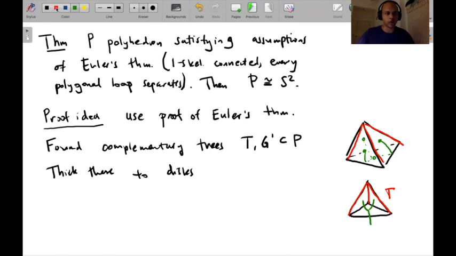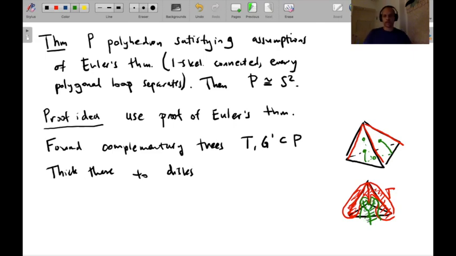And what we're going to do is thicken these. So you can just take a little neighborhood of each of these trees, and you can imagine making the neighborhoods larger and larger with some parameter time, and then eventually they're going to meet.